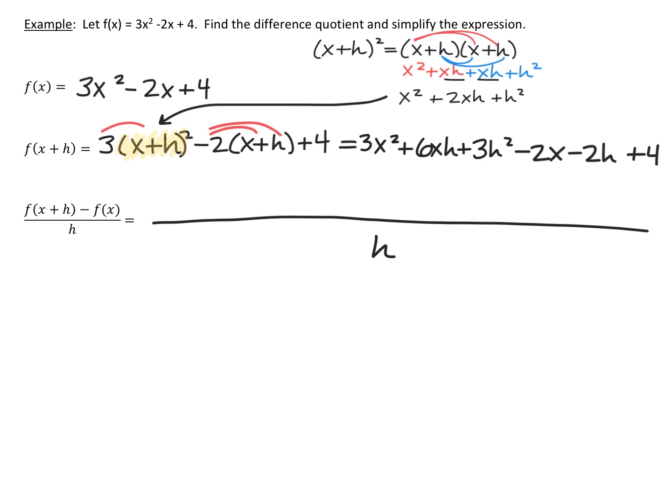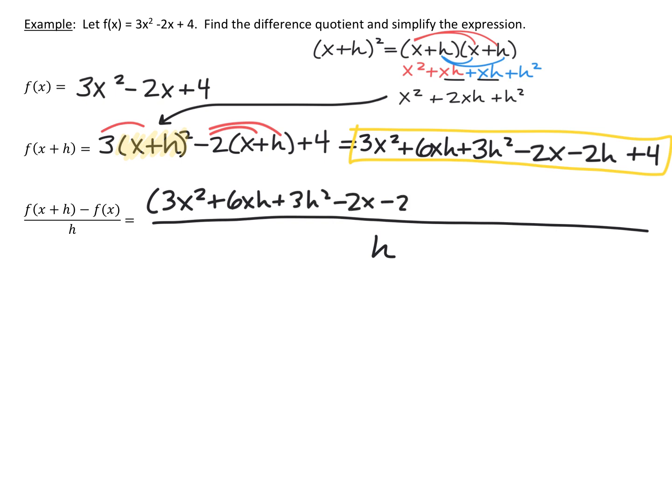Okay, here we go. You're going to take f of x plus h first, which you know is this guy, okay? So we're taking him. 3x squared plus 6xh plus 3h squared minus 2x minus 2h plus 4. Wow. And you subtract f of x.